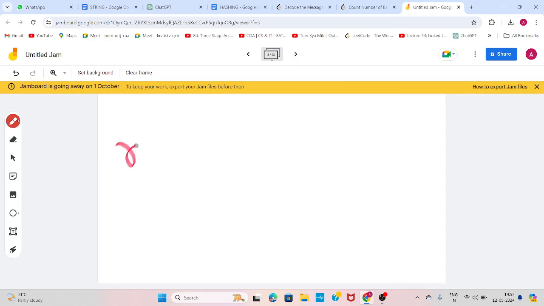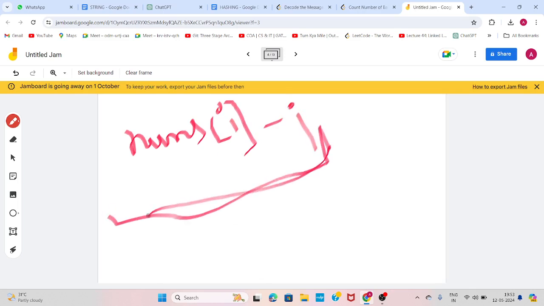So it will become nums i minus i. Right hand side will be j in the place of i.